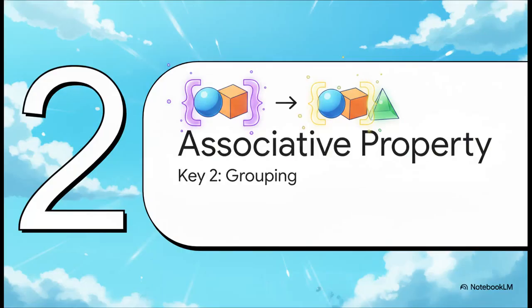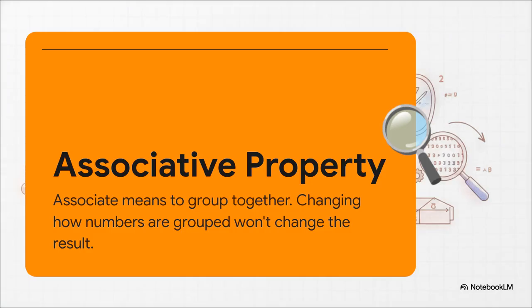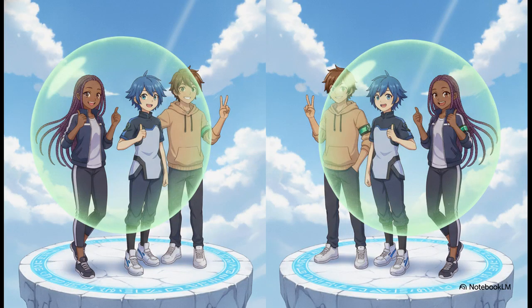Key number 2, unlocking the associative property. Right, so to associate means to group together, kind of like forming friend groups. And the Arabic term you see here brilliantly highlights this core concept of gathering. In algebra, it's the parentheses that actually dictate these specific groupings. Now, what's really interesting about this is how the parentheses shift.